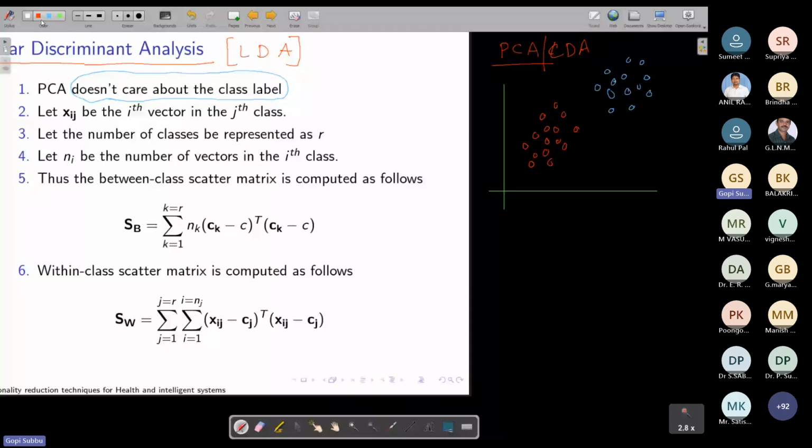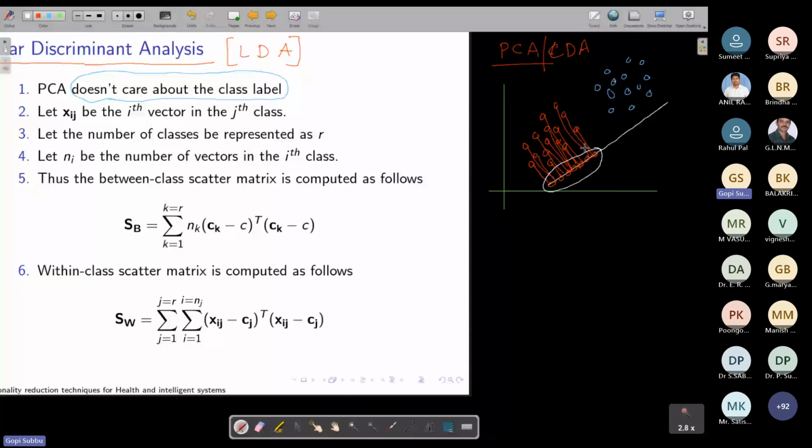Somewhere here, say for example, I'm finding this basis in such a way that after projection, if I do this projection on this basis vector, the vectors should come close to each other if they belong to the same class. And I do this projection for the blue class also here.